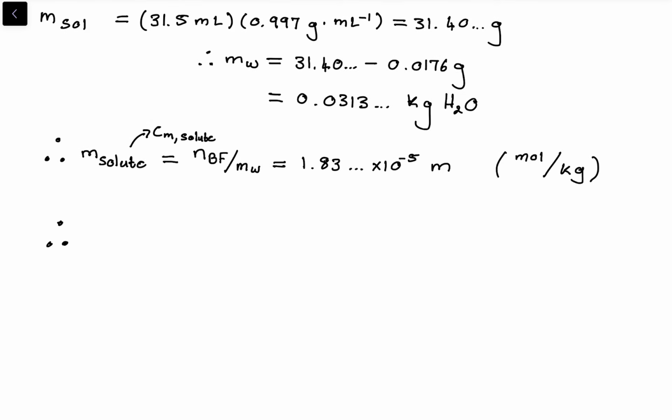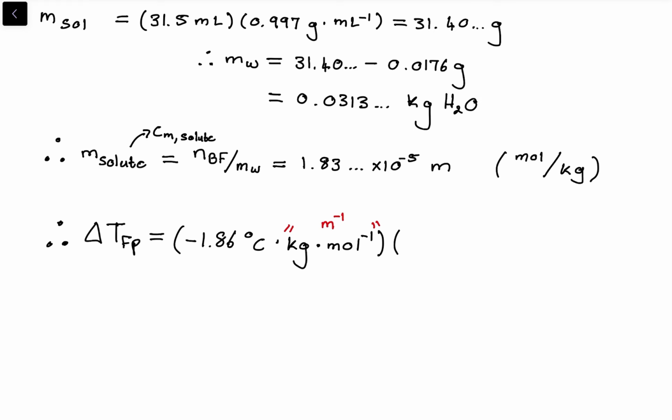And so we calculate the change in the freezing point. You look up the constant for water, that's minus 1.86 degrees Celsius kilogram per mole, which is, of course, a hidden way of saying per molar.